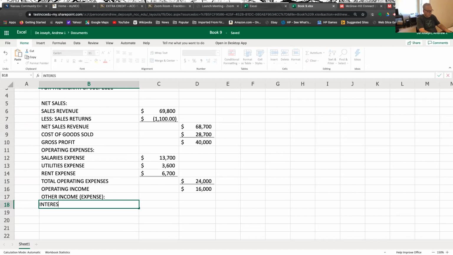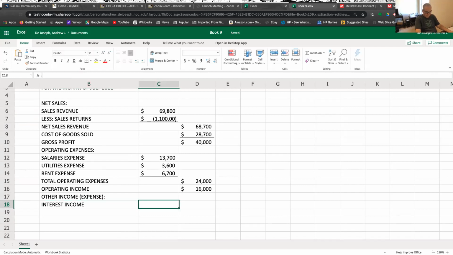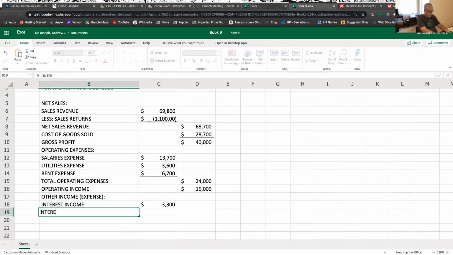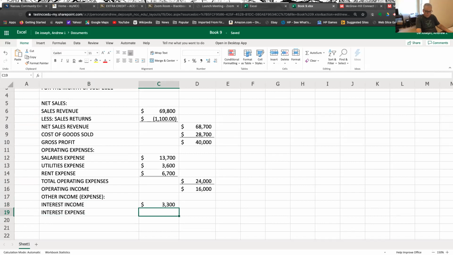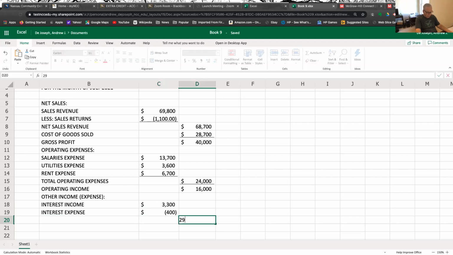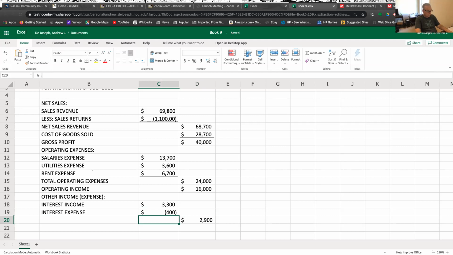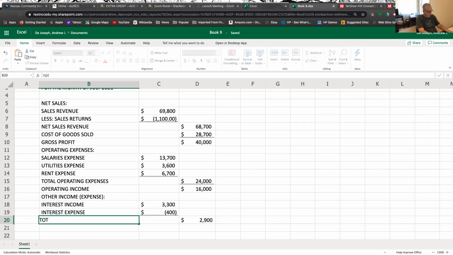Interest income, that was $3,300. Interest expense, 400. Well, 3,300 minus 400 is 2,900. Right? And they just call that total.